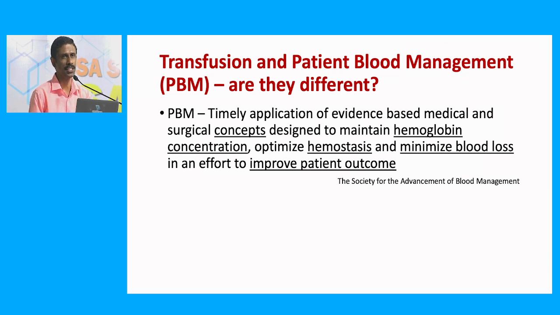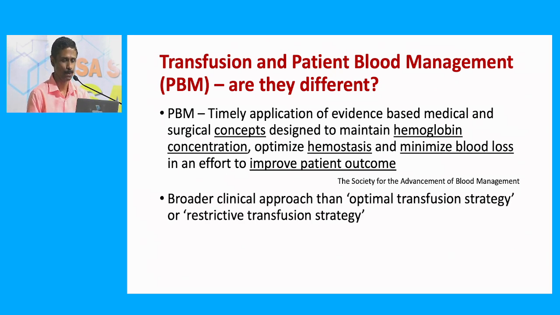With all these efforts, we try to improve the patient outcome. What's notable in this definition is that nowhere have they introduced the terminology of transfusion. Not that transfusion doesn't occur in this concept, but the simple reason is they want to divert our attention from the undue importance we give to transfusion in blood management.